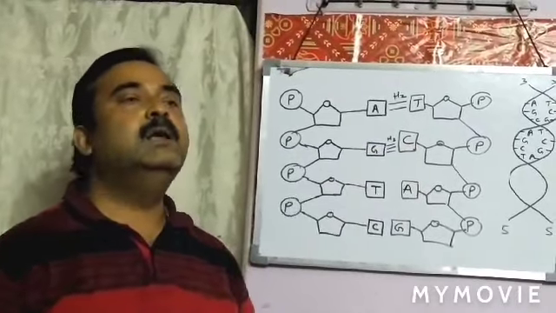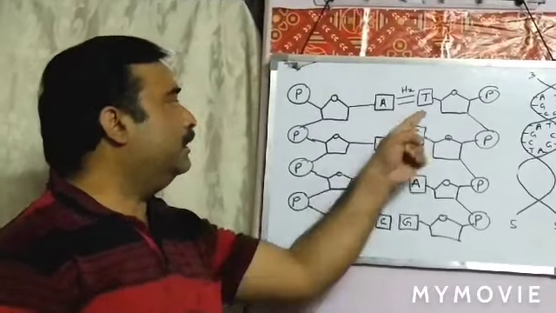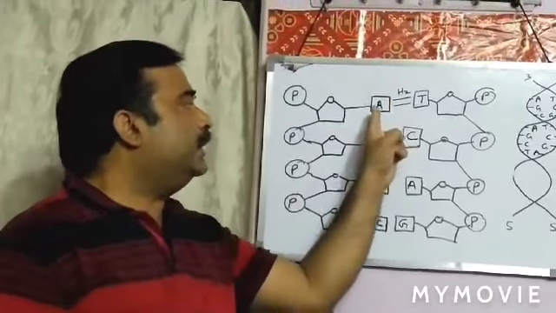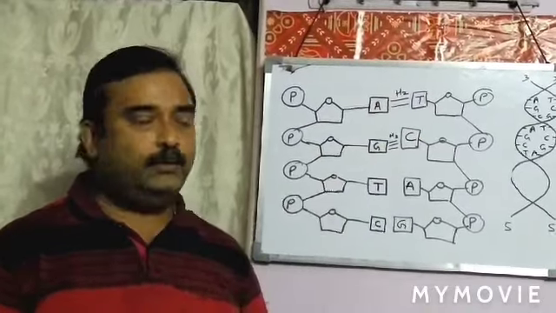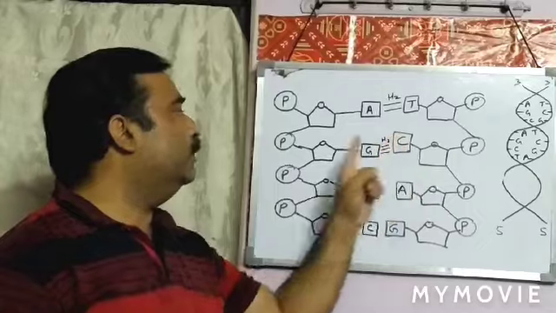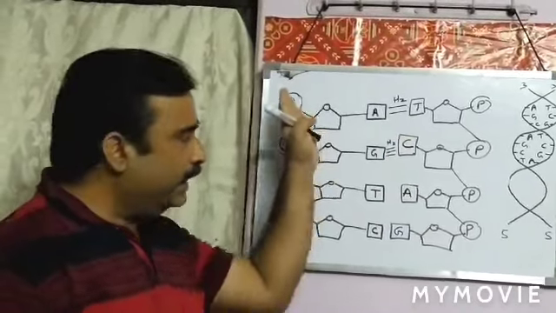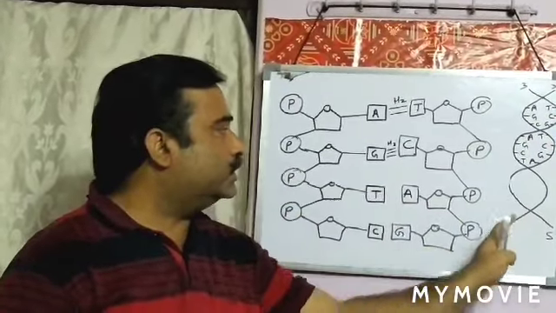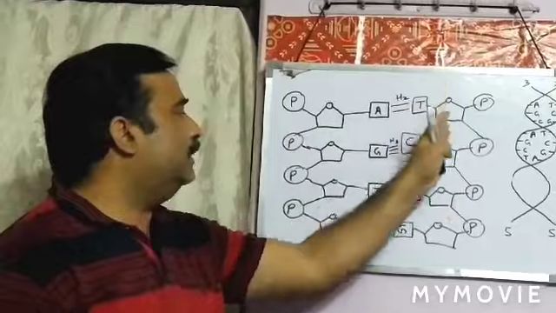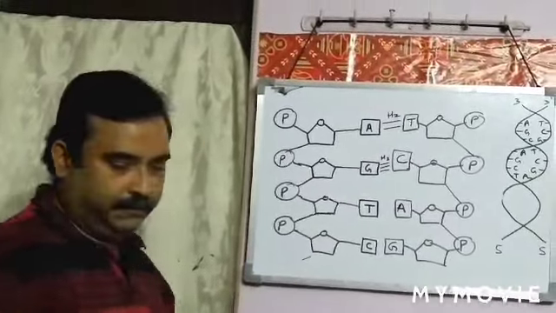By this way we can say purine is complementary of pyrimidine base. So this is a symbolic structure of the DNA, and this can be considered as a molecular structure of DNA.